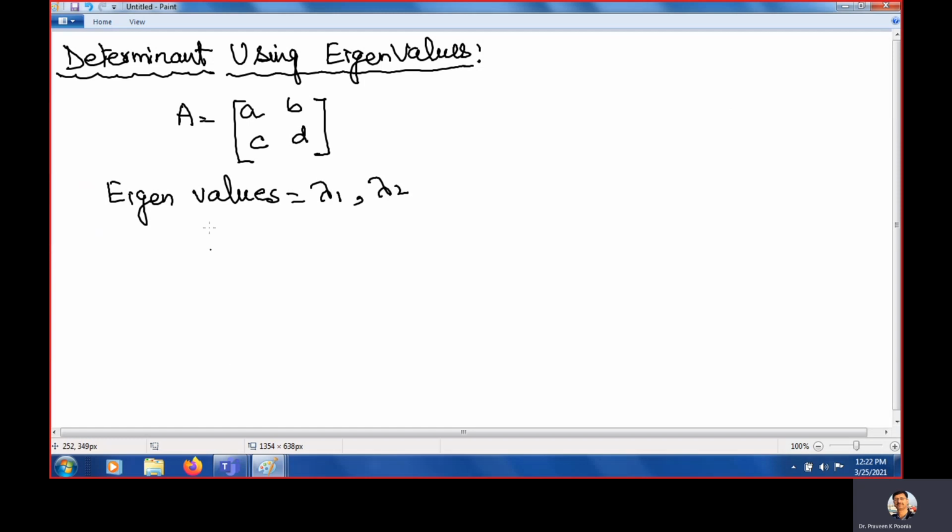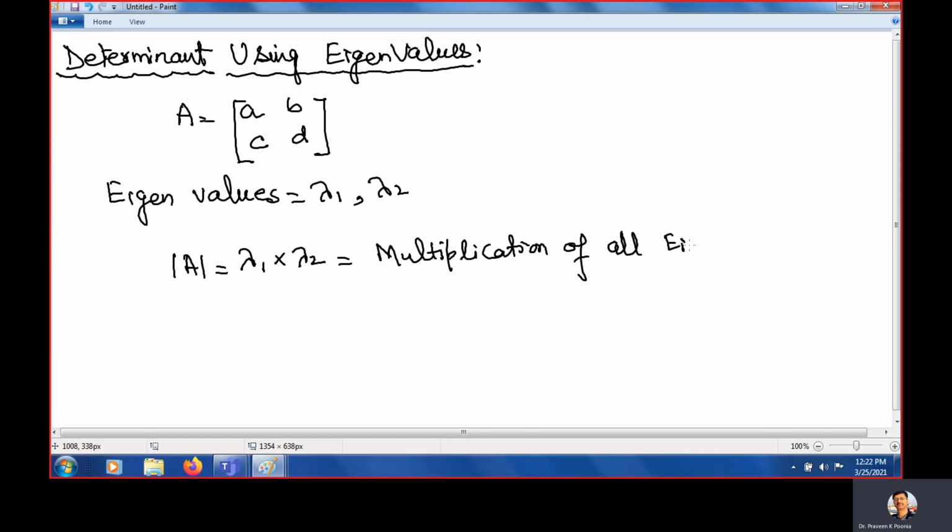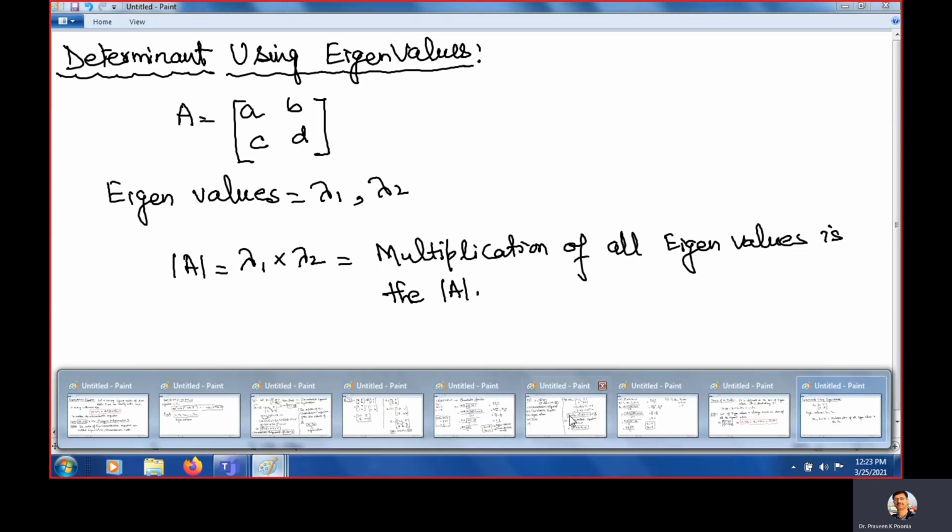If there are two eigenvalues, then without calculating the determinant, we can find its value. And what is the value of the determinant? Lambda 1 multiplied by lambda 2. Clear? It is the multiplication of all eigenvalues that is the determinant of A.